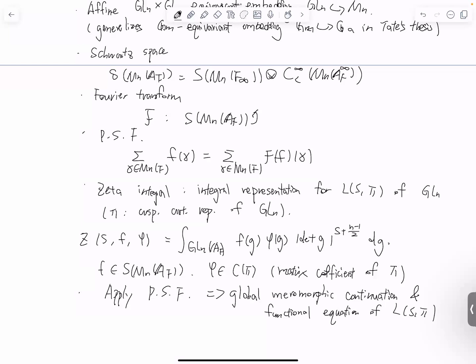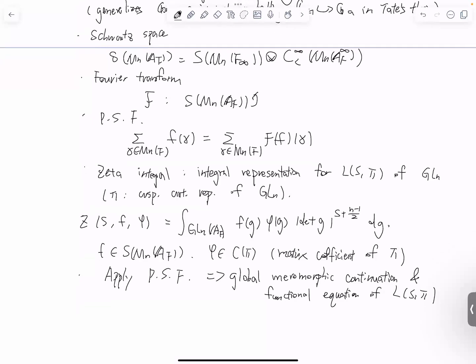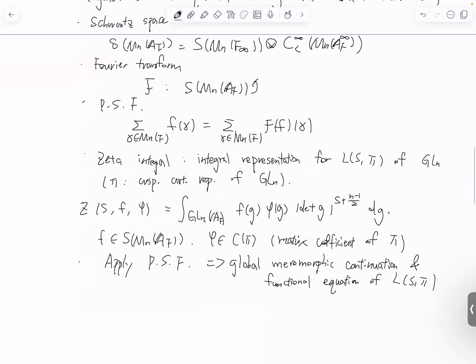So this is an example where they use the Poisson summation formula for vector spaces to get the analytic properties for the standard L functions for GL_N. Any questions so far?